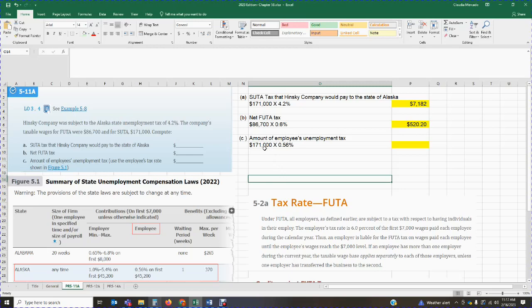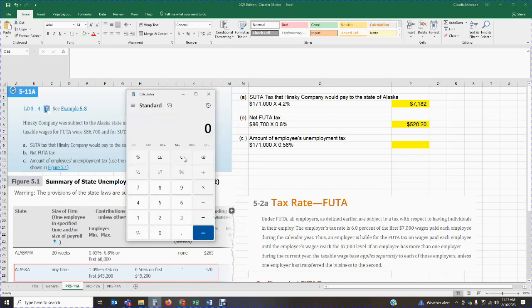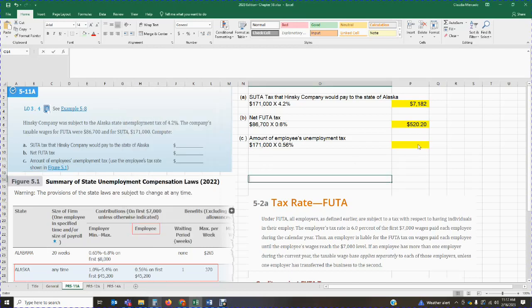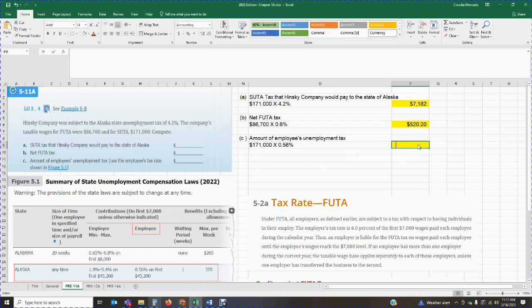If they were asking you what is the taxable wages for one employee, then the cap would be $45,200. If it's for all employees, then that is the taxable wages for all of them. So 171,000 times 0.56%. The employees would have to put in $957.60 into the SUTA.